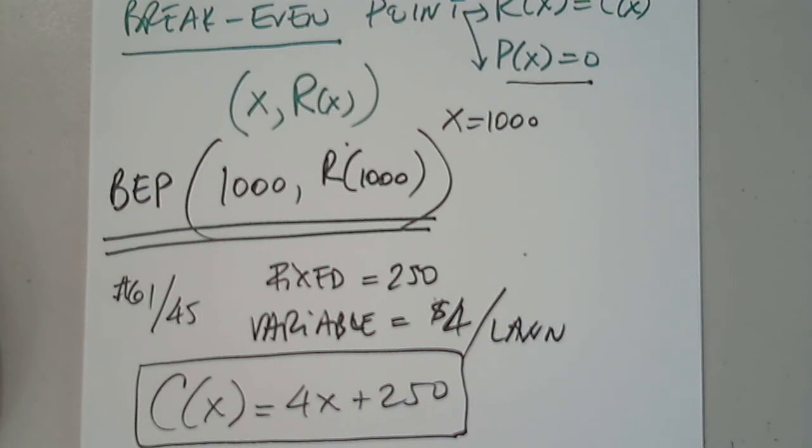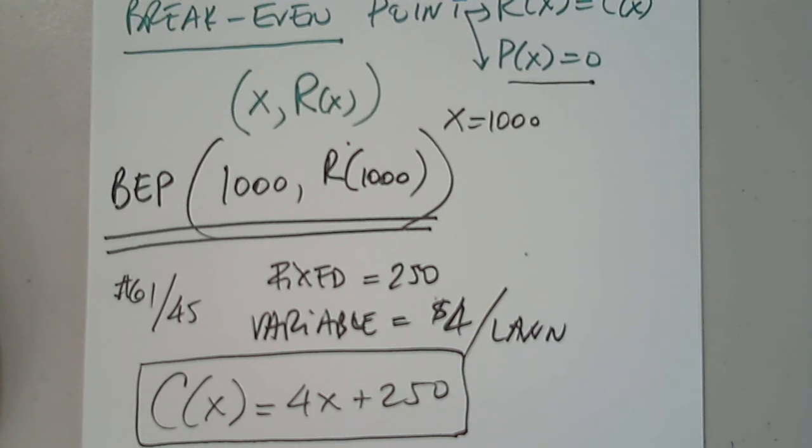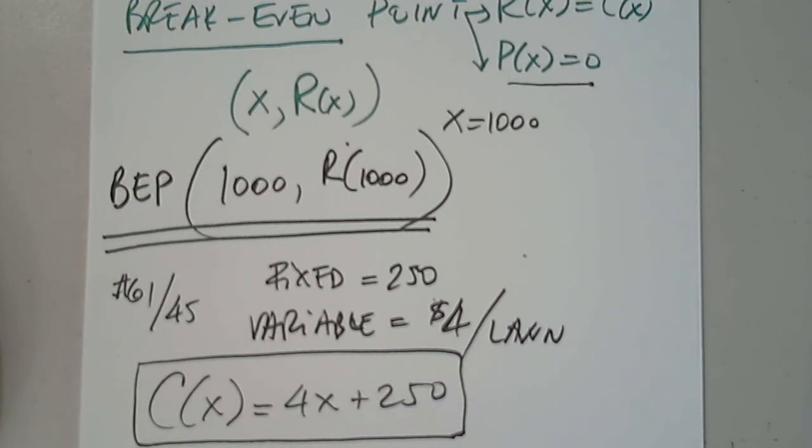Part B. He determines that the total profit function for the lawn mowing business is given by P of x equals 16x minus 250. Find the function for the total revenue from mowing x lawns. How much does Jamal charge per lawn? Okay, so we have the cost.